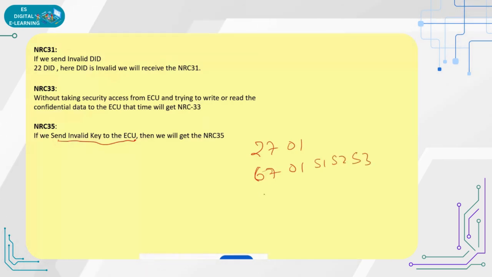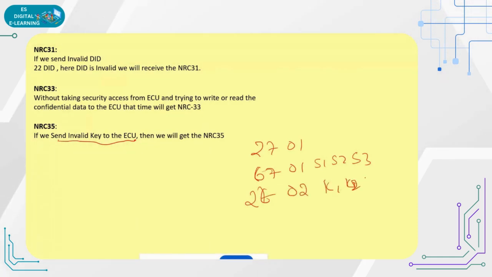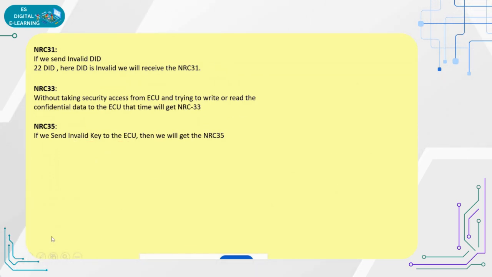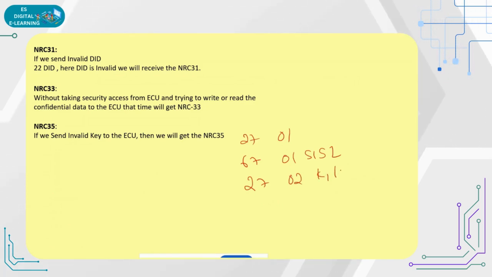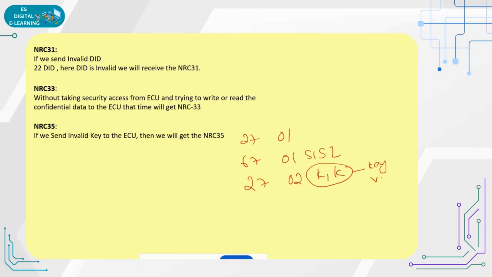Okay. So again, 2701 and the response 67 01 S1 S2, and next is 2702 K1 K2. What is this key? If the key is valid, you will get a positive response.